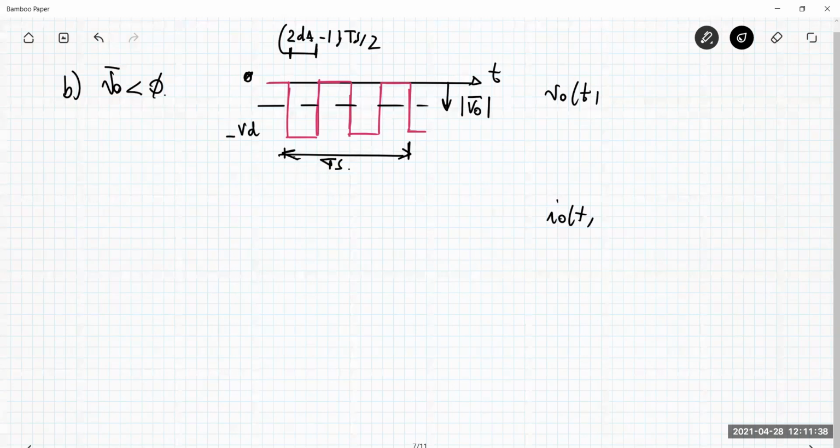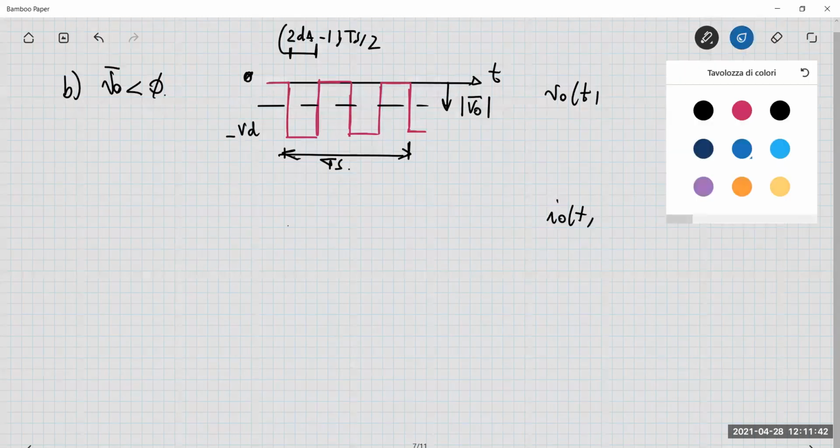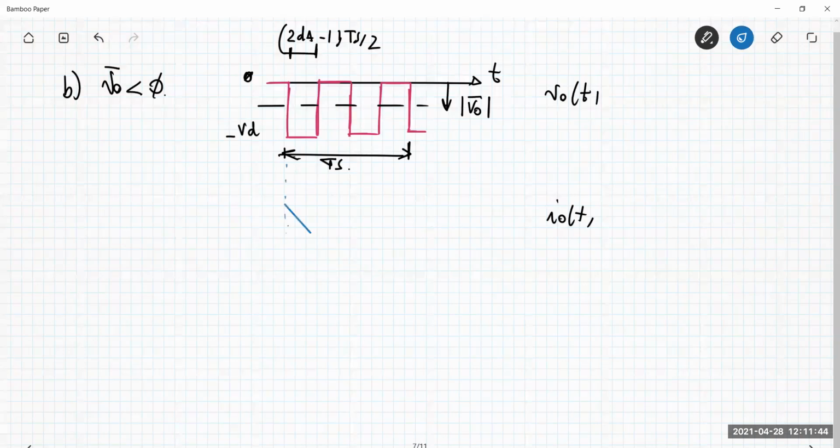And then you can get something which is, let me change color, something like this one. This is the I naught, and the ripple is exactly what I'm searching for.